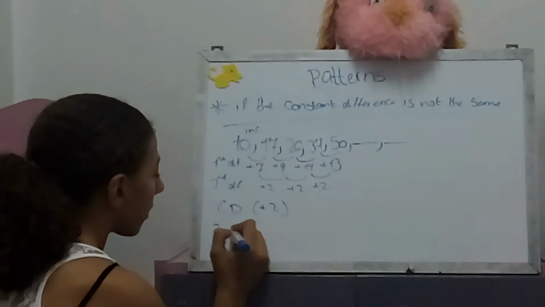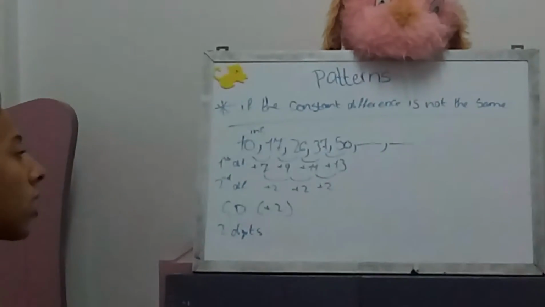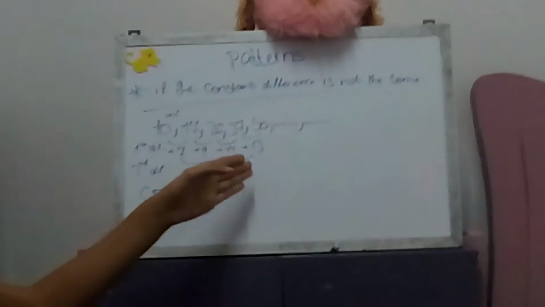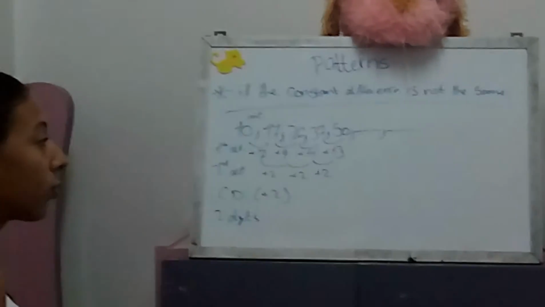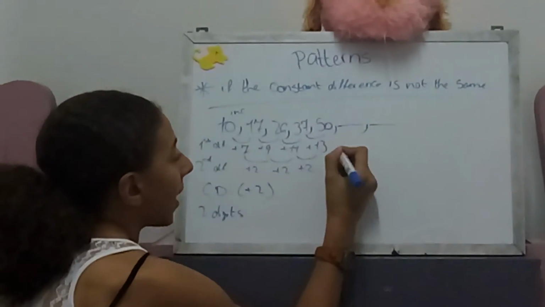So we want to find the next 2 digits. Do we add 7 or 9 or 11 or 13 or 2? We don't do 50 plus 2 because the answer will be wrong, okay? In order to continue this pattern, we have to continue the first differences first.